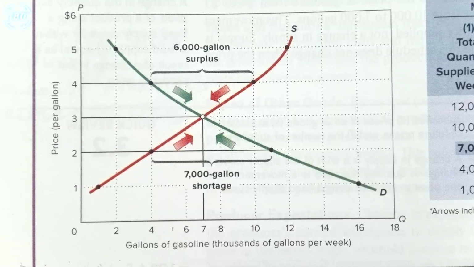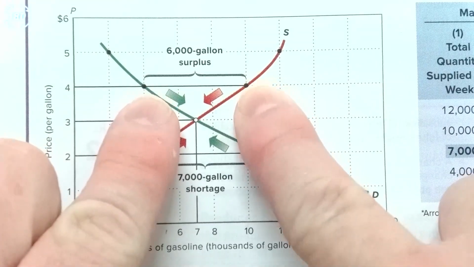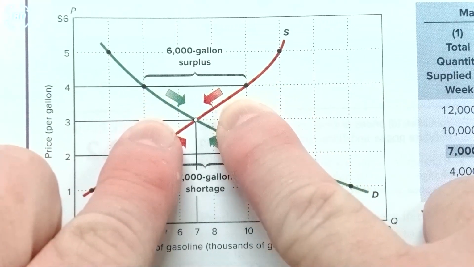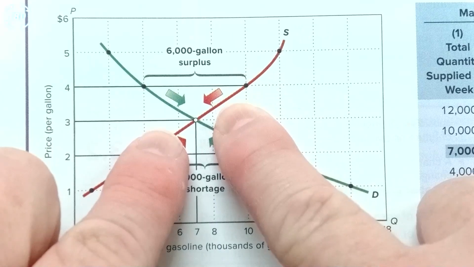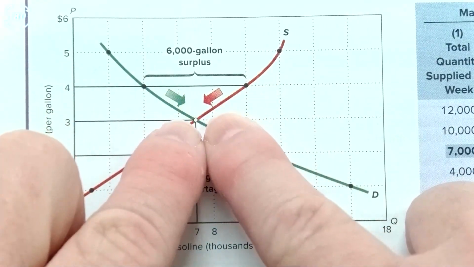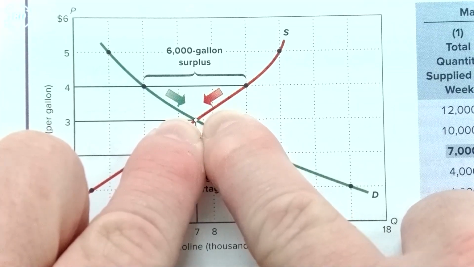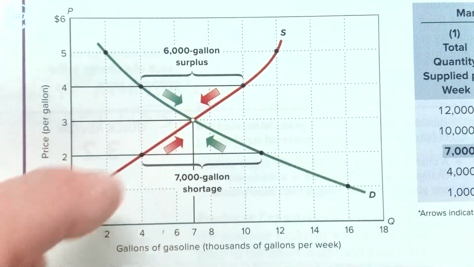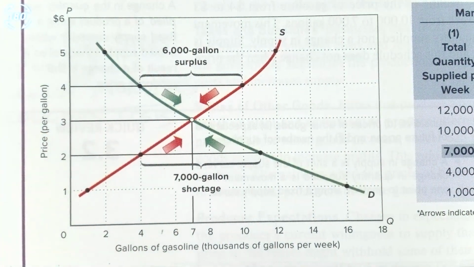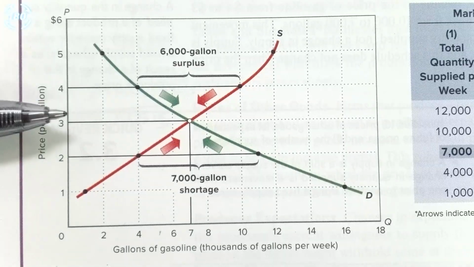I mean, the buyers say, I don't want to pay $4, I'll pay $3.90, $3.80. As long as there is a surplus, buyers are going to demand a cheaper price. And that'll put downward pressure on the price of gasoline until what evaporates? Not the gasoline, but the surplus. The surplus will evaporate. Okay, so that next week, the price of gasoline comes down. There may still be a surplus, but not as big.